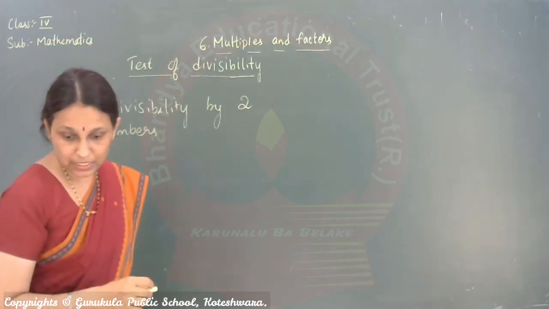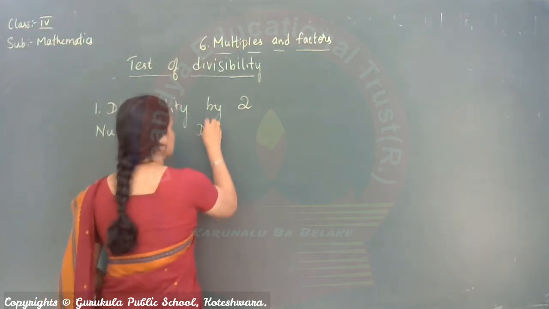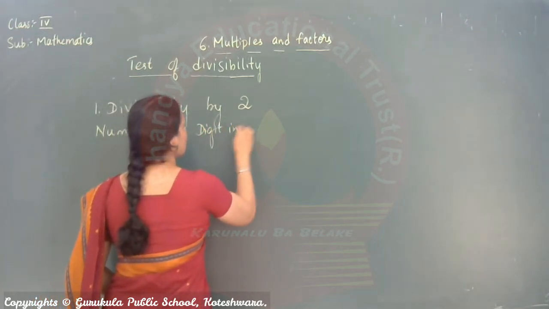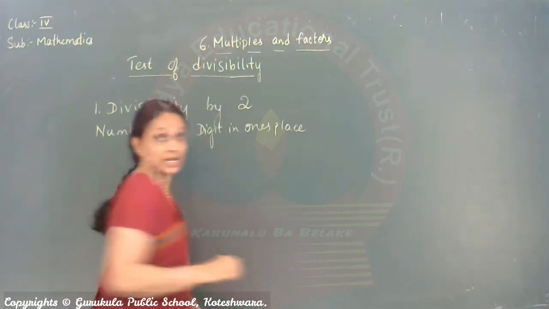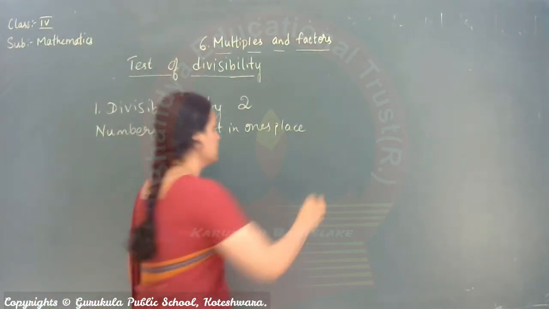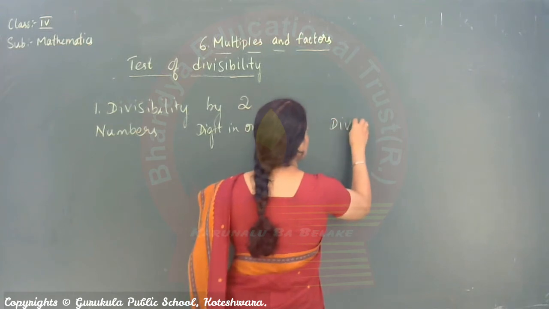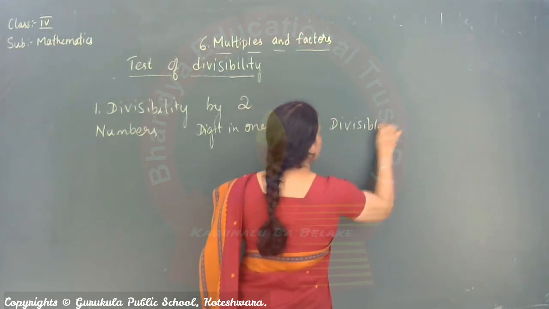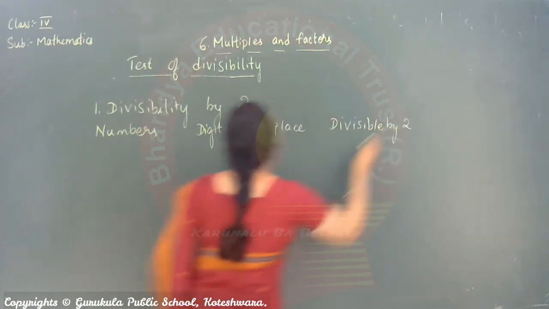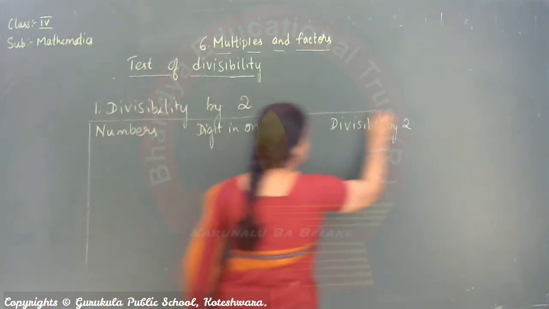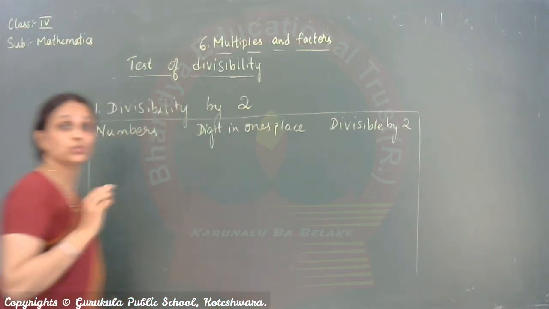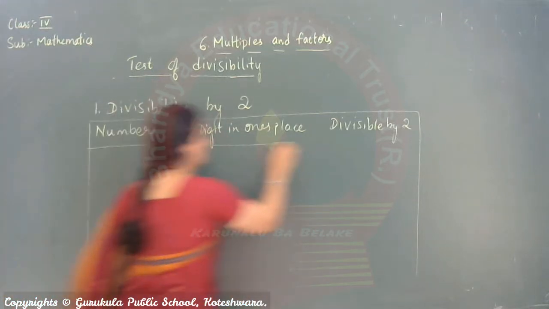Then next one is digits in ones place. Then last column is whether it is divisible by 2. Okay, this you make a box like this neatly and write, children. I want you to write it very neatly. Okay, yes.